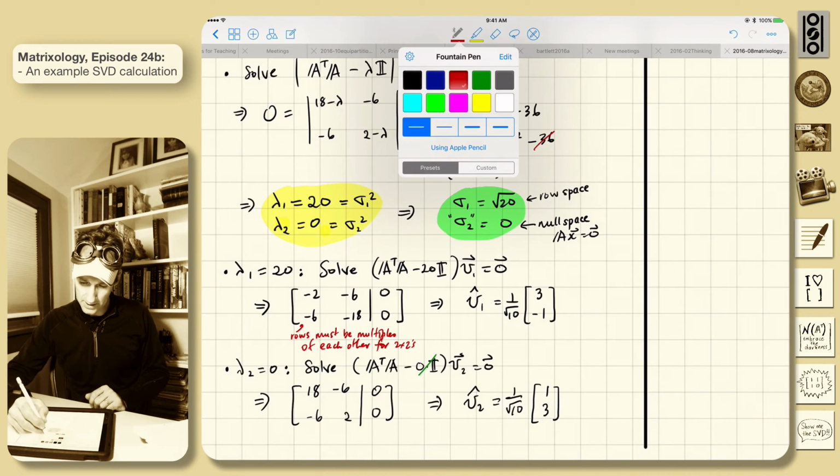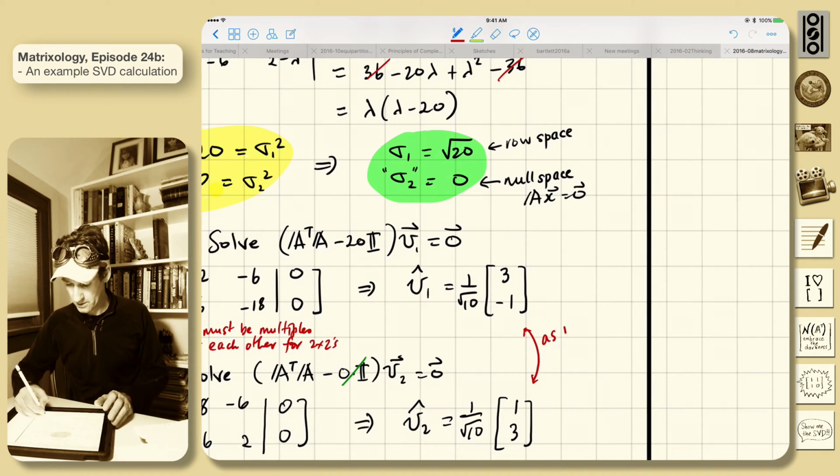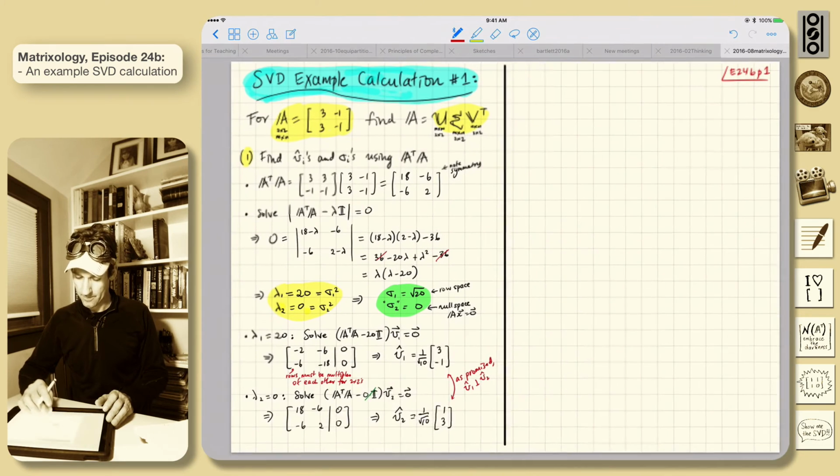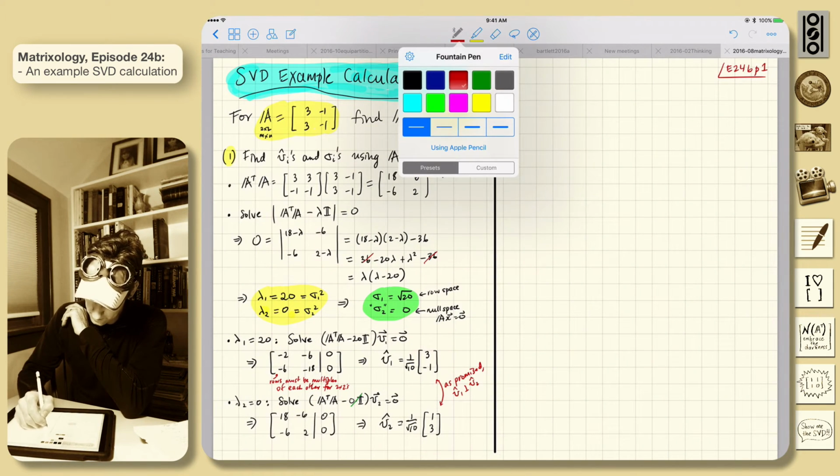And so we see, as promised, A transpose A is symmetric, so V1 is perpendicular to V2. Right? Pretty good. Okay, so that's a good thing. So we have those two pieces.